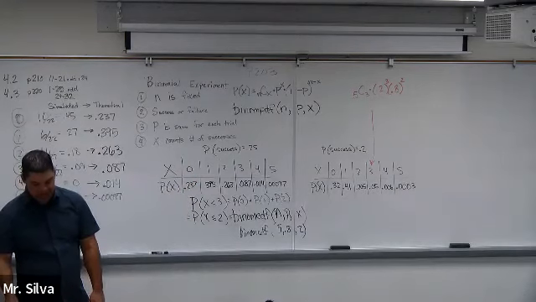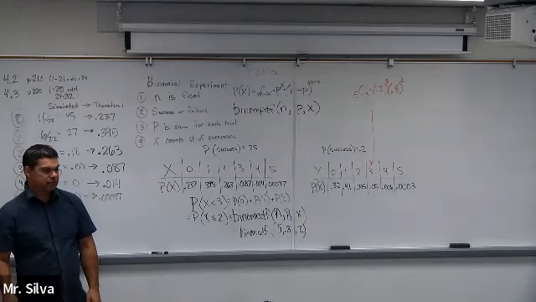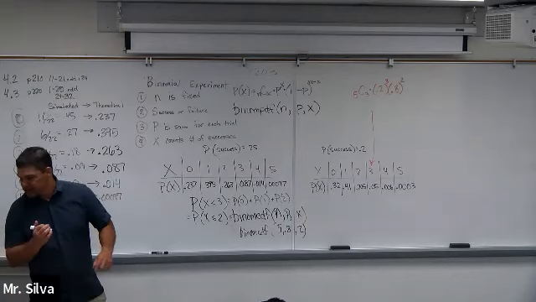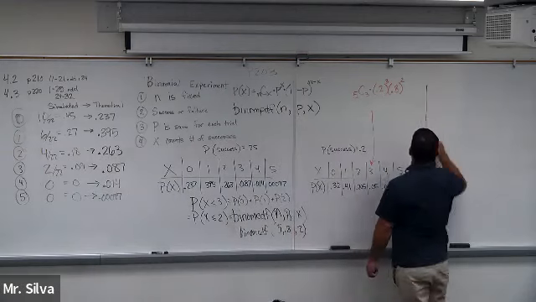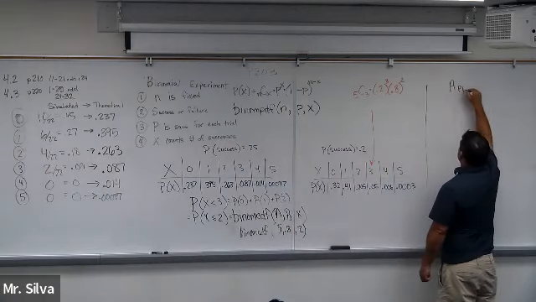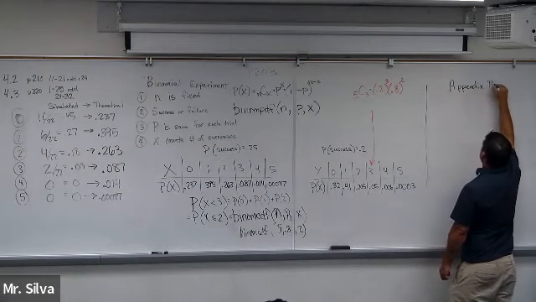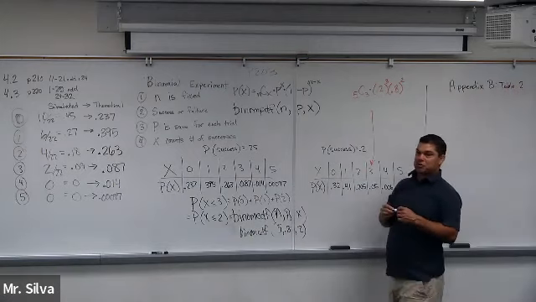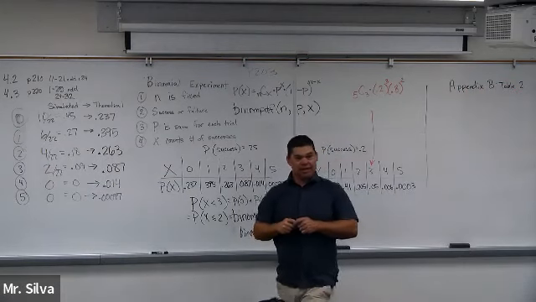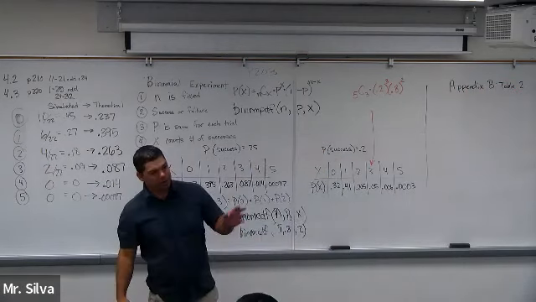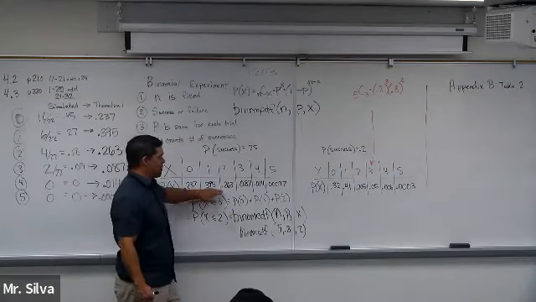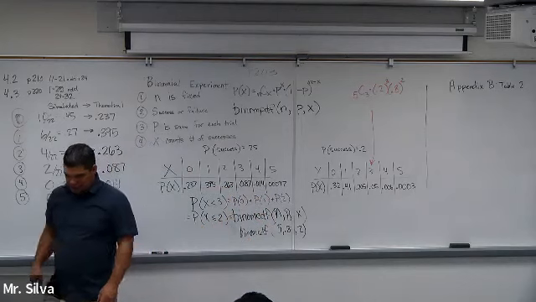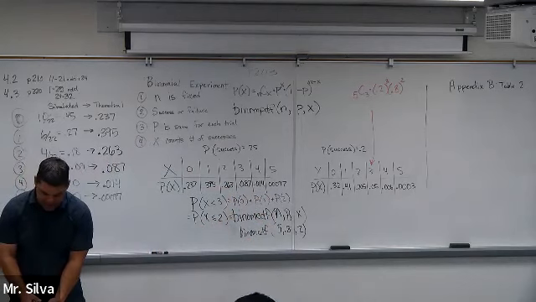It's in Appendix B, Table 2. It's a binomial probability distribution table. Somebody just made a table and created all the actual probabilities. All of these numbers are already in the table. So it's in the back of the book, right after the table of random digits.